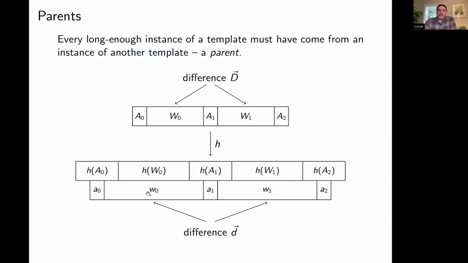And then W0 and W1 might have a bit of overlap with the images of big A0, big A1, and big A2, but they're mostly coming from big W0 and big W1, right? So every long enough instance of a template must have come from a parent, right?